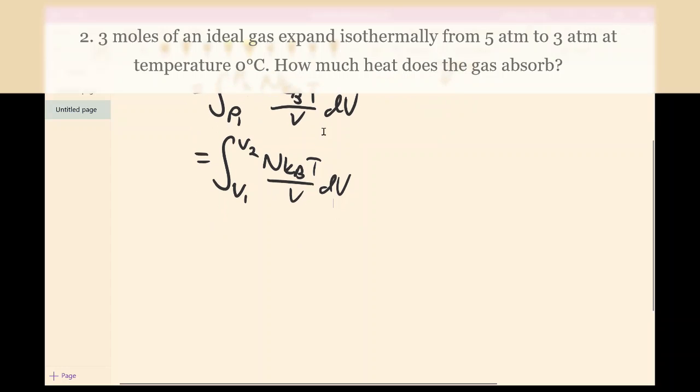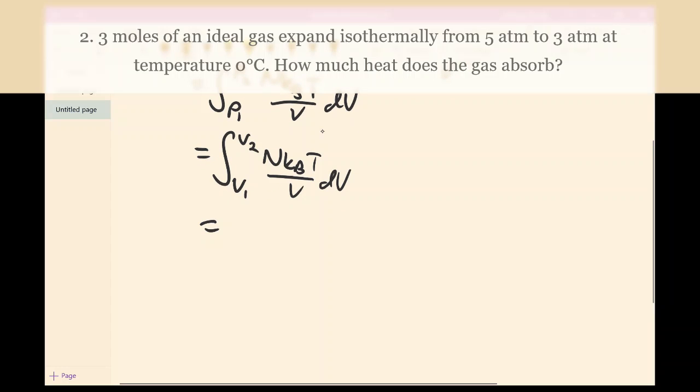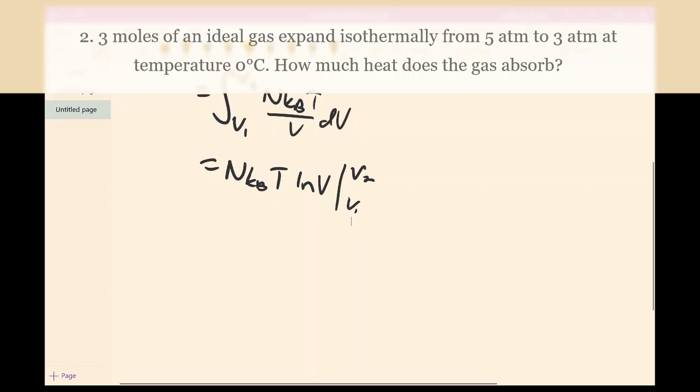So this would just be equal to nkB times T times the log of V2 over V1, since the integral of 1 over V is log V. That's probably something that you should know as well. So this is nkBT times log of V2 over V1.